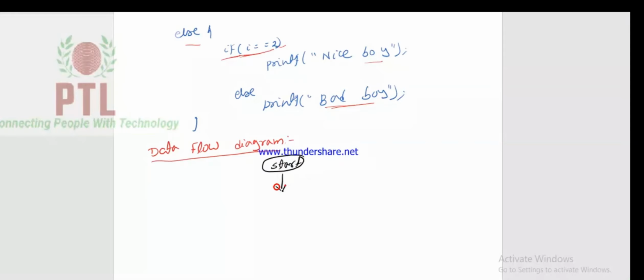Fine. So here what we will have, as I told already, start. Then I'll take an input, that is i. So there will be one input box, i with, let's say, some value 3. I'm assuming that it is having the value 3.